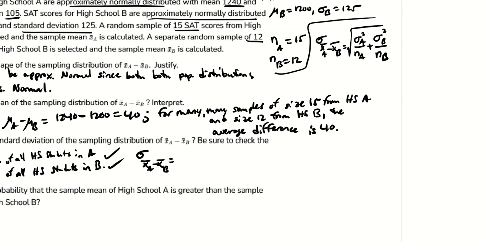Okay, so we're going to be using that formula. Sigma A is 105. So 105 squared over, and then NA was 15. This is a squared, by the way. Plus sigma squared B, 125 squared over 12 for the NB. Okay, you can calculate that. And it's going to be 45.134.